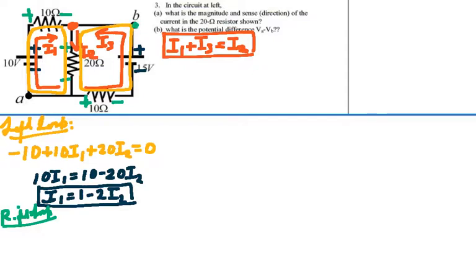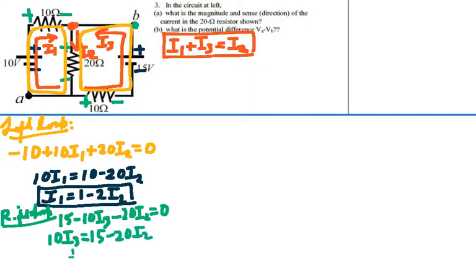We have a plus 15, minus 10 I3, and then we're going in the minus sign of that 20 ohm resistor, so it'll be minus 20 I2, and then nothing else, so that would be equal to 0 once we get back to point B. We want I3 in terms of I2, so we have 10 I3 is equal to 15 minus 20 I2, or I3 is equal to 1.5 minus 2 I2.